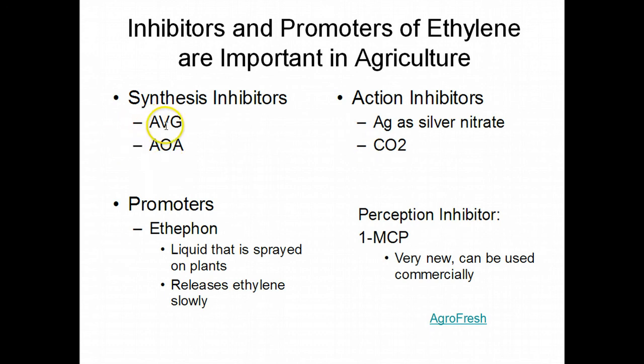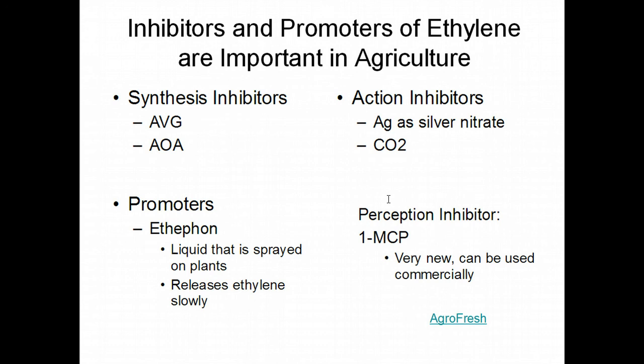Things that are used commercially are these two, ABG, AOA. Ethylene we talked about. And a new one that's on the market now is MCP, that's used commercially, and I think I'll talk about AgroFresh a little bit later. AgroFresh has developed a powder that is basically a polystyrene ball that has MCP trapped in the powder.